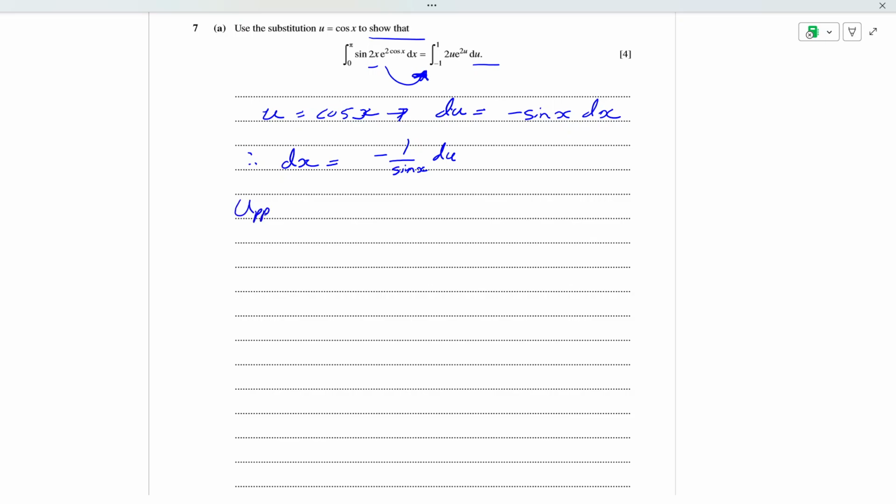So you want to change the upper limit. The upper limit is when x is equal to pi, right? So you have u is equal to cos pi.